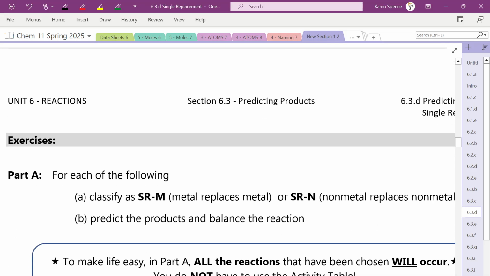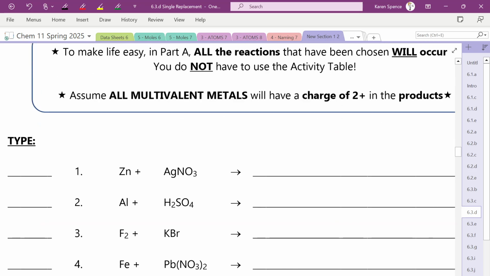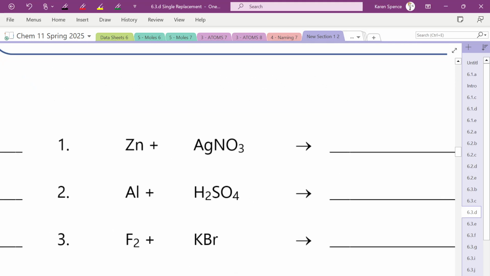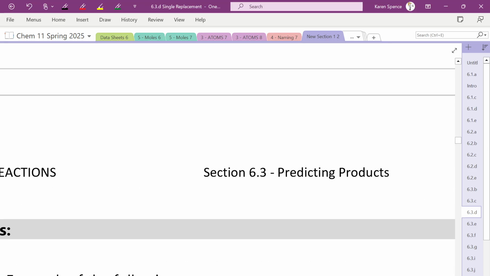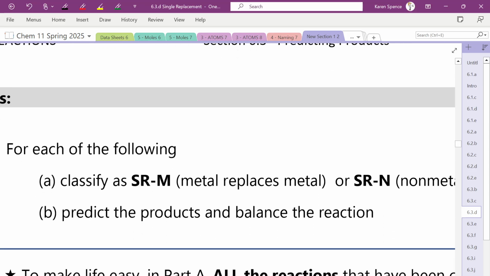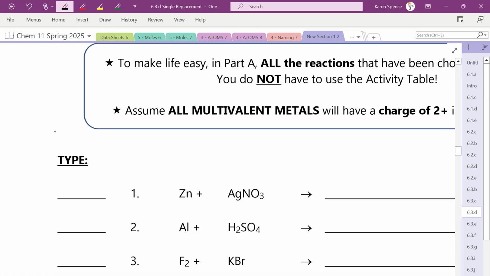Okay, so what we're going to do is we're going to try a couple here. We're going to do the first two together. On page 63, we have zinc. Zinc is a metal.